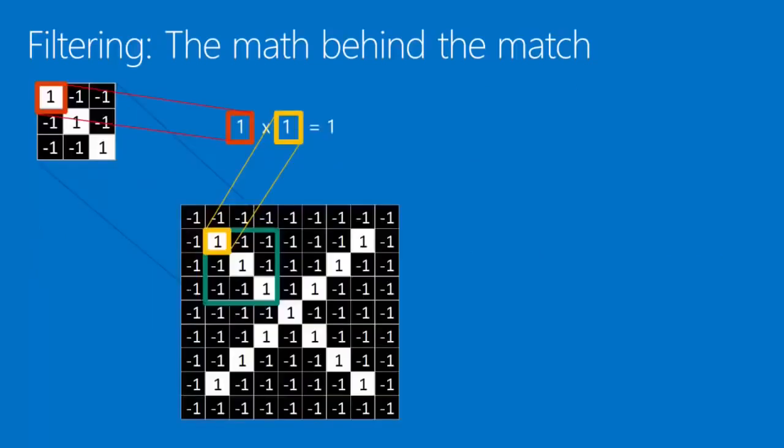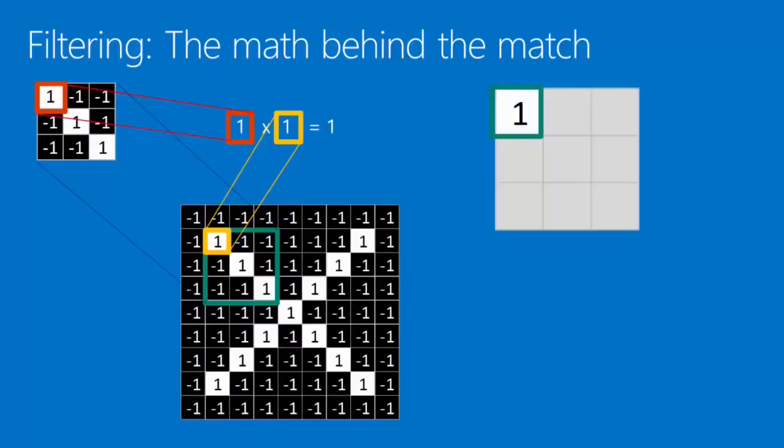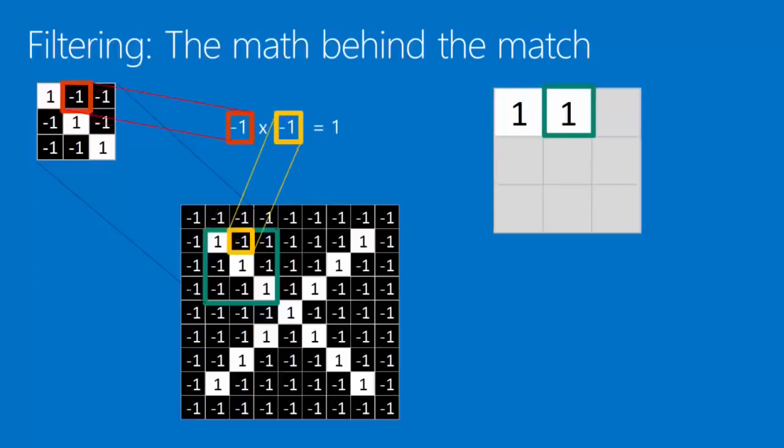So to step through this, to see why it makes sense to do this, you can see starting in the upper left-hand pixel in both the feature and the image patch, multiplying a 1 by a 1 gives you a 1. And we can keep track of that by putting that in the position of the pixel that we're comparing. We step to the next one, minus 1 times minus 1 is also a 1.